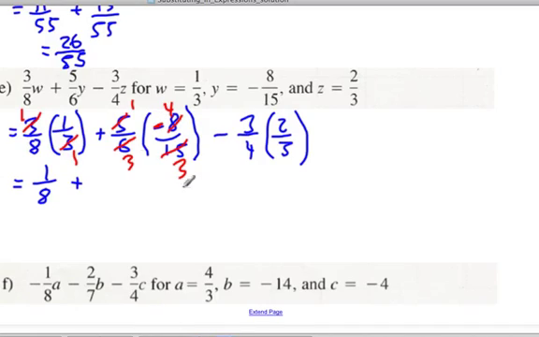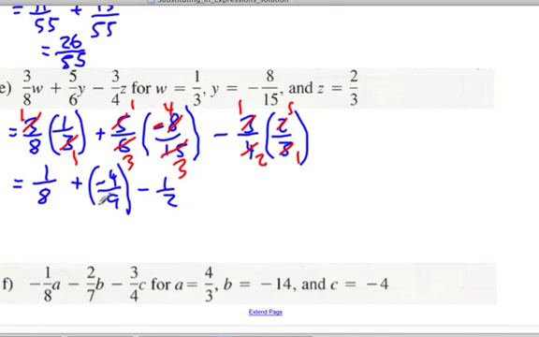So this is 1 times negative 4 is negative 4 over 9. Then we write minus, and over here the 3's cancel out, and 2 goes into itself once and into 4 2 times. So this is just minus 1/2.